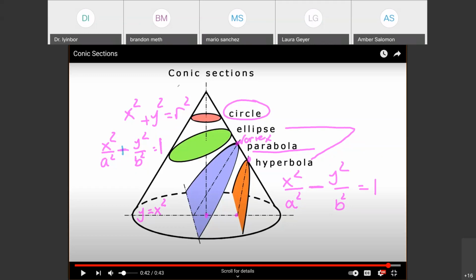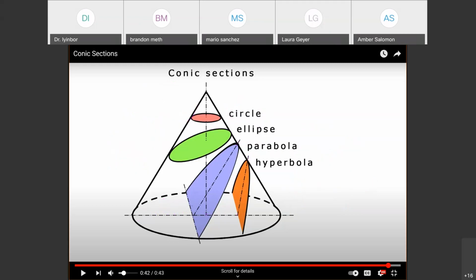Circle has equation x squared plus y squared equals r squared, radius squared. And the parabola is y equals x squared, usually x squared plus bx plus c. This is the general form. We talk about that, right? It's a quadratic, okay?